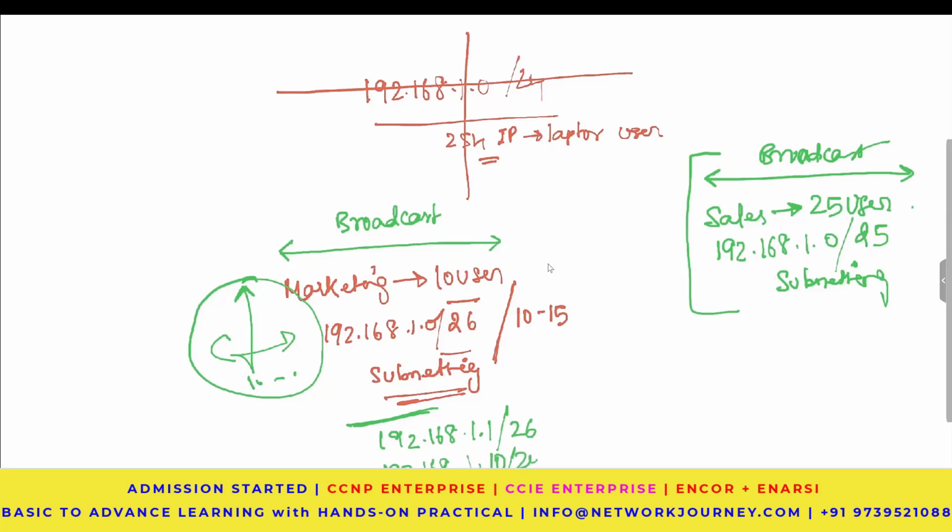Okay, so we got two different sets of IPs now. For the marketing team we have a different set of IPs, and for broadcast we have a different set of IP ranges. /26 and /25.